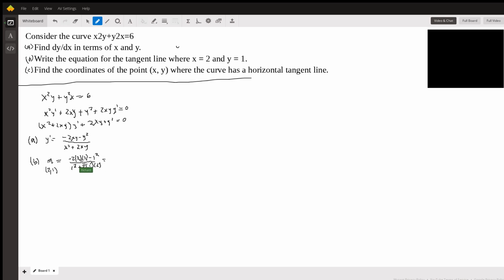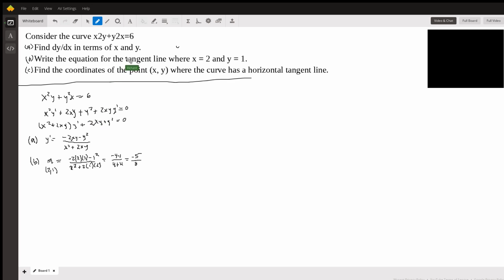So this is going to give us negative 4 minus 1 over, let's see, oh, that's not a 1 squared, that's a 2 squared. X is 2 here, so it's a 2 squared, my apologies. So that's 4 plus 4 here. Equals negative 5 over 8.